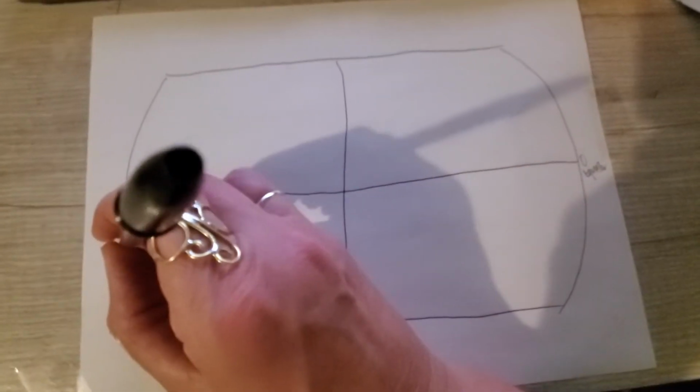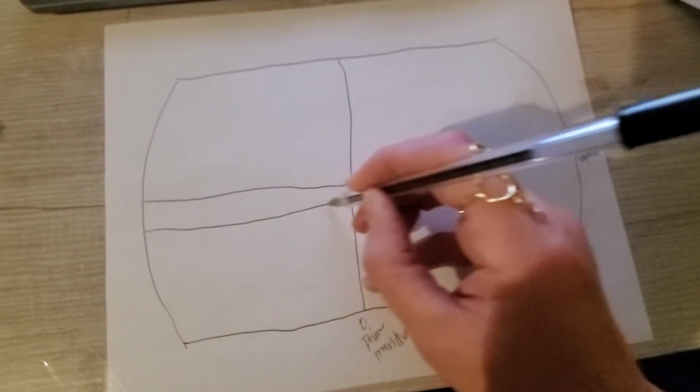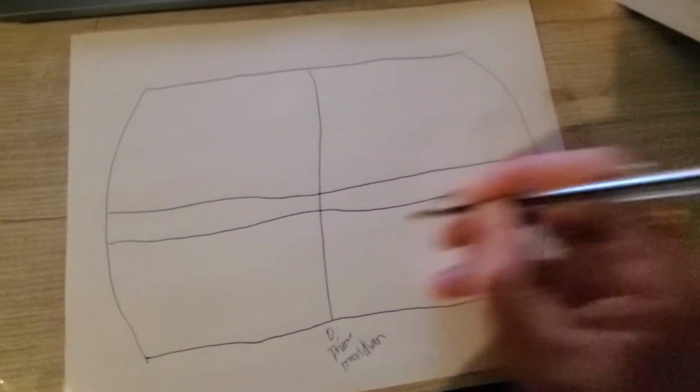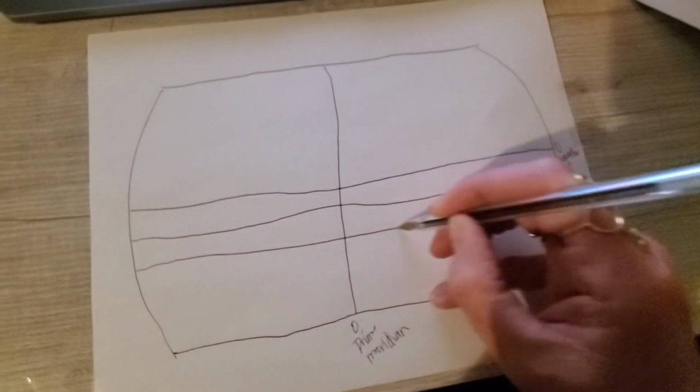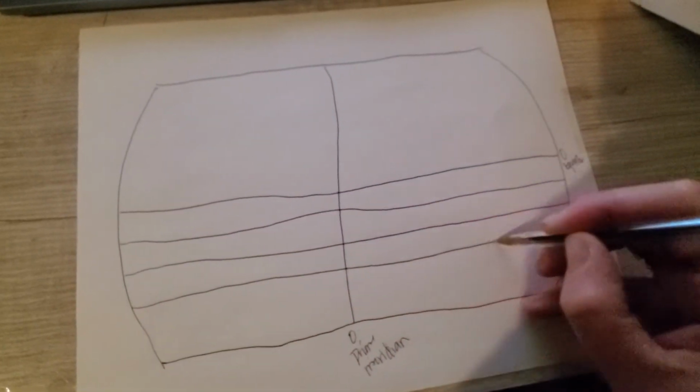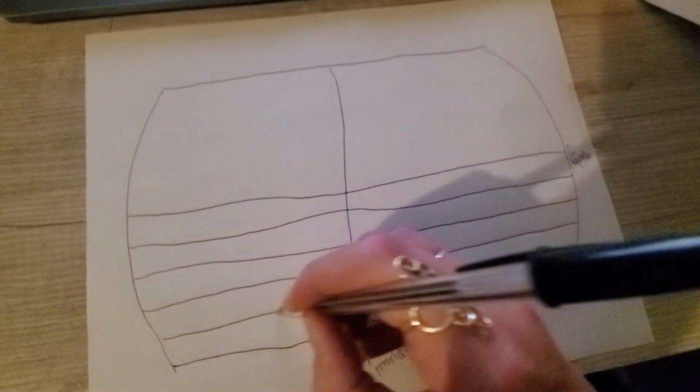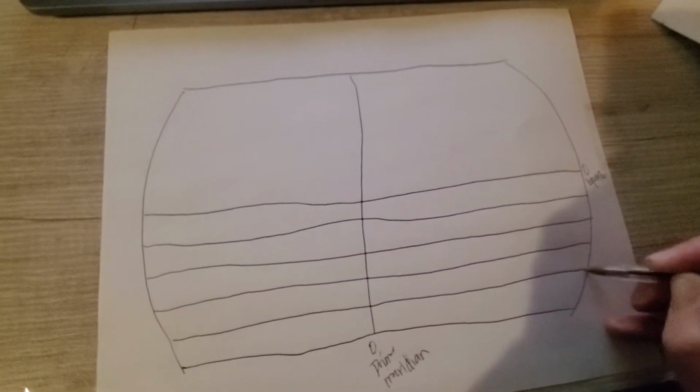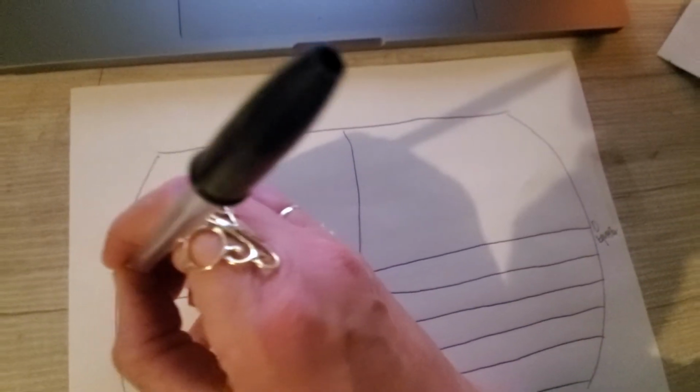Okay, now we're going to draw 4 lines south of the equator. We're going to draw 4 lines north of the equator.